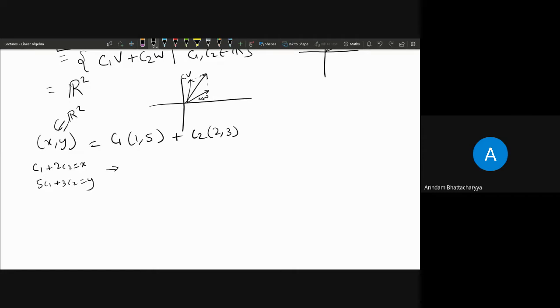And these are two linear equations in two variables. If you don't believe this can be solved, for now you can believe me that this can be solved uniquely. And also c1 and c2 are unique here.